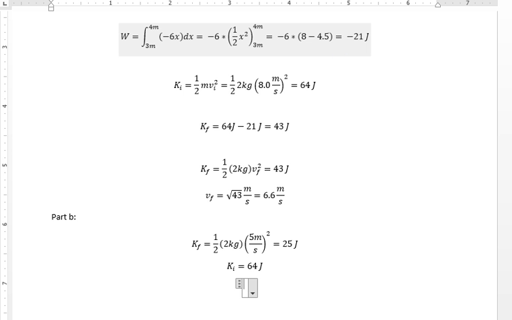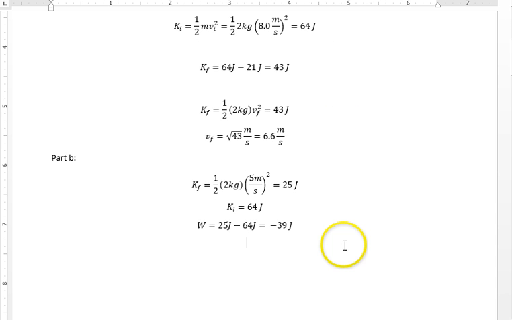So that means the work we need to do is 25 joules minus 64 joules, which is minus 39 joules. That's the total work that needs to be done: minus 39 joules. Well, from the work equation up here, in the general sense with an unknown location, we know that the work is minus 6 times 1/2 x final squared minus 1/2 of 3 squared.